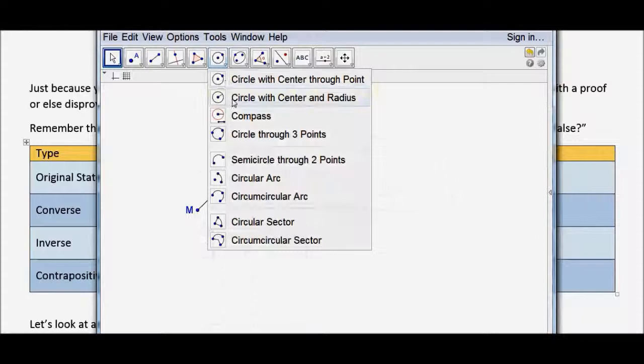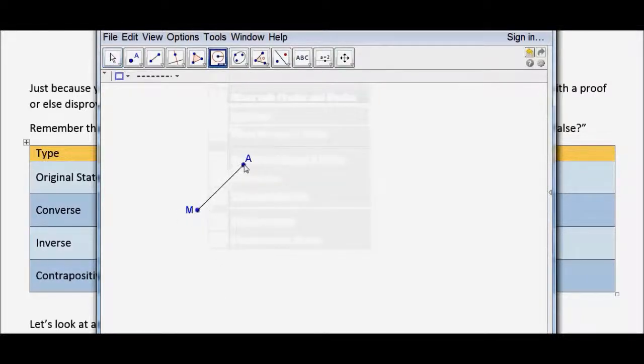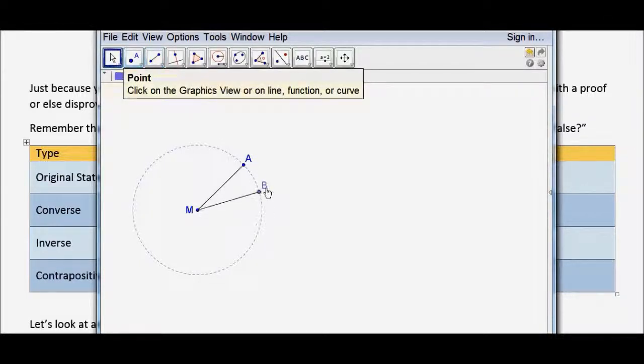Let's draw a circle from M to A. Now, if I put another point on the circle and I connect the dots, then AM and MB are equal to one another. And as I move it around, all of these versions of BM is equal to MA. So this drawing is a counterexample for the converse of the midpoint definition.